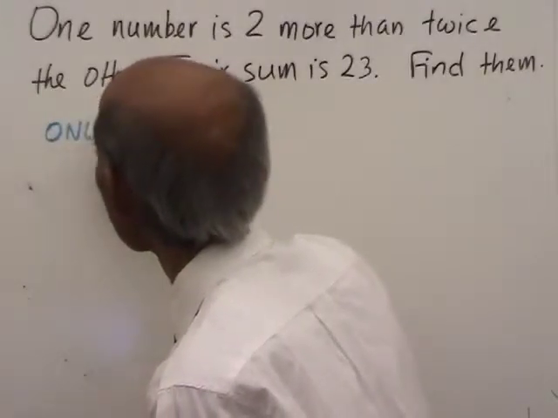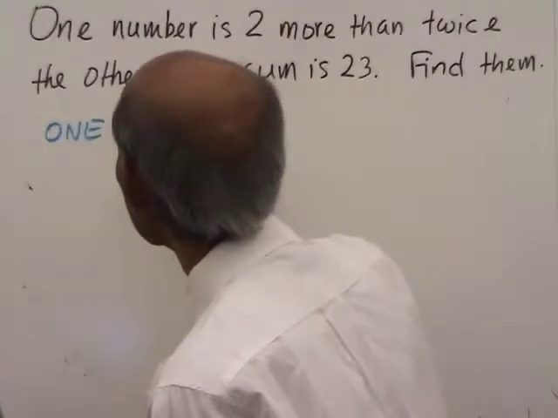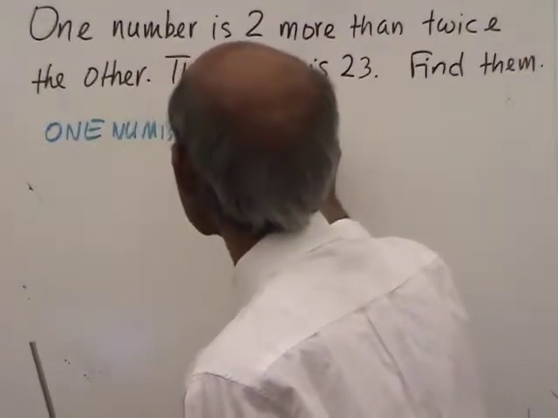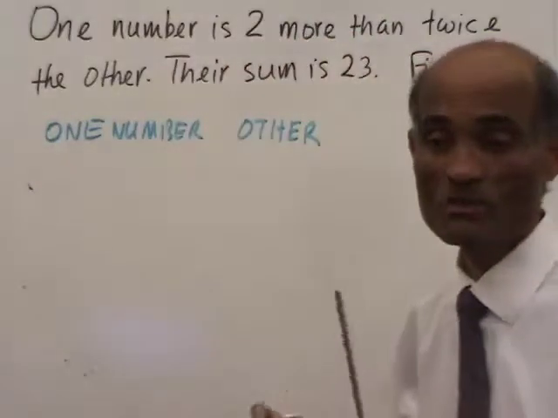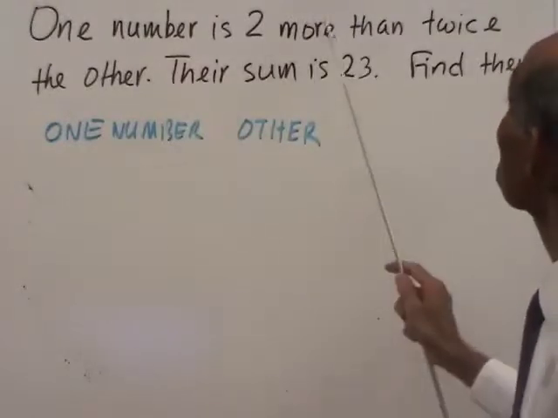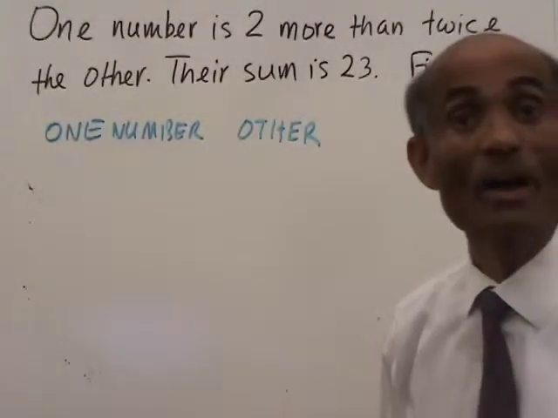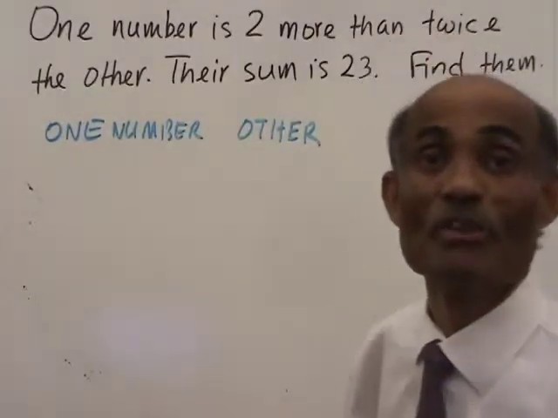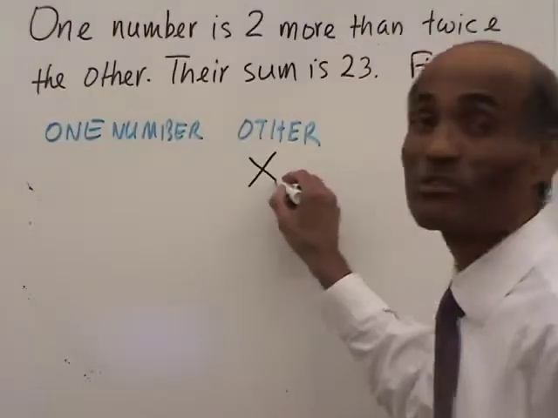We got one number and the other number. And we are told that this one number is 2 more than twice the other.